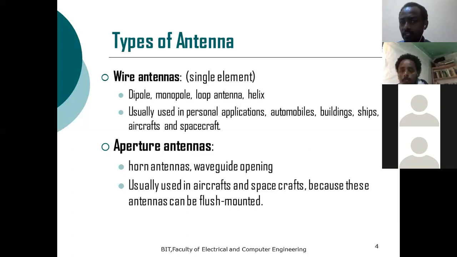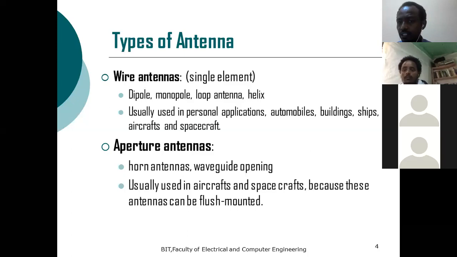To begin with, the wire antenna is a single element antenna. Basically, this class includes the dipole, the monopole, the loop antenna, and the helix. The wire antenna has wide application.